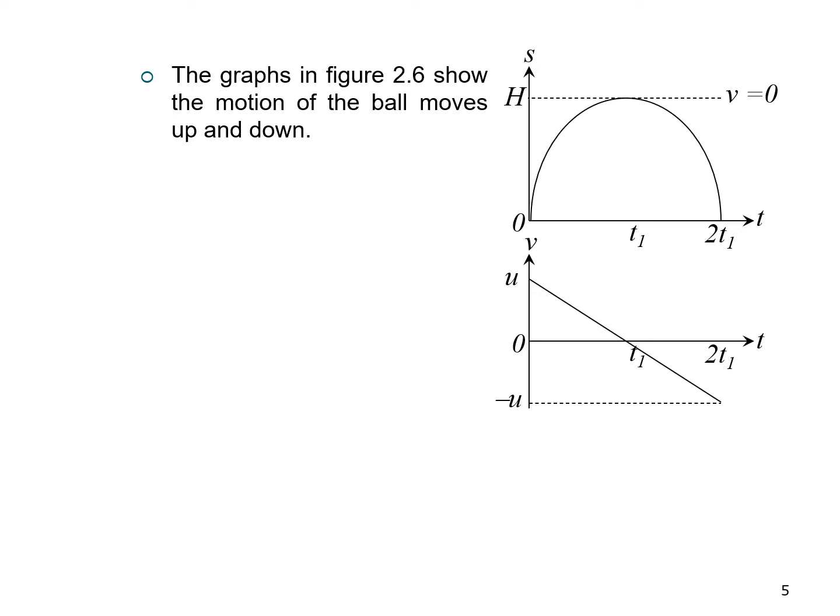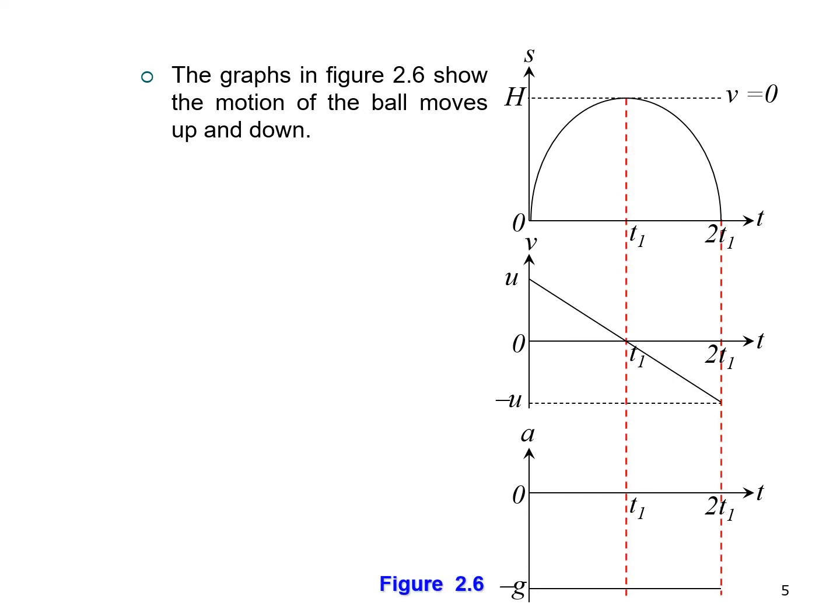In the v versus time graph, the velocity decreases for the first half and then increases but in the opposite direction. If you plot the a versus t graph and calculate the gradient, you will get a constant gradient which is equivalent to negative g.